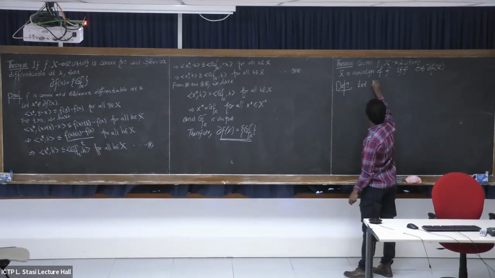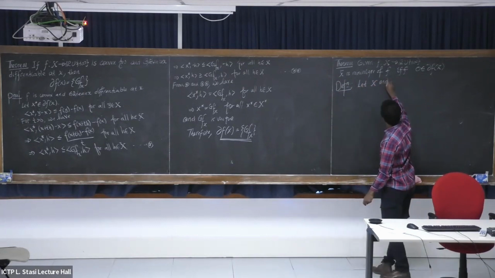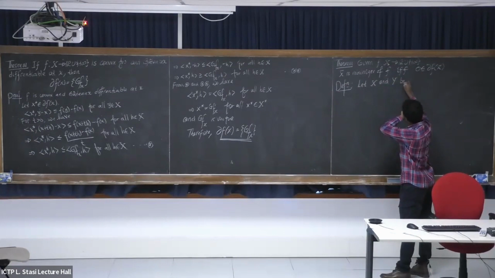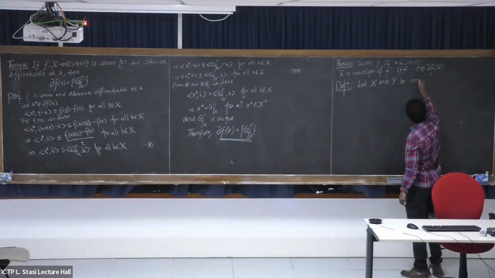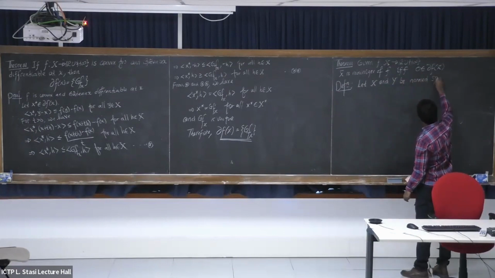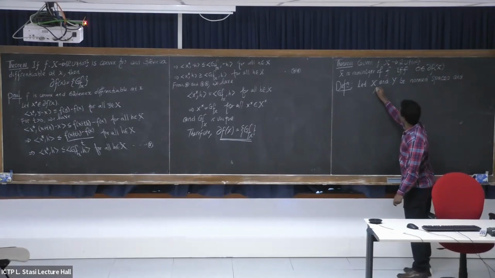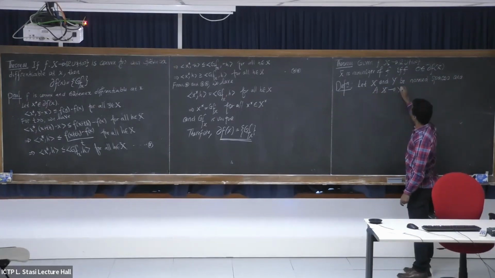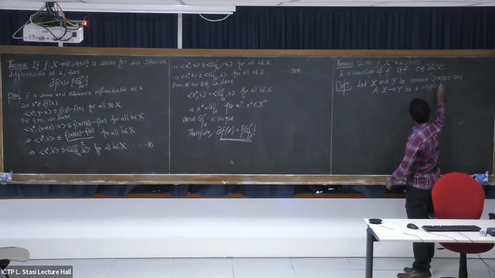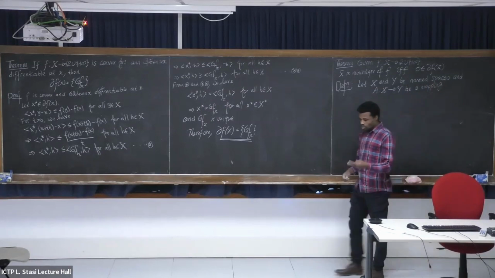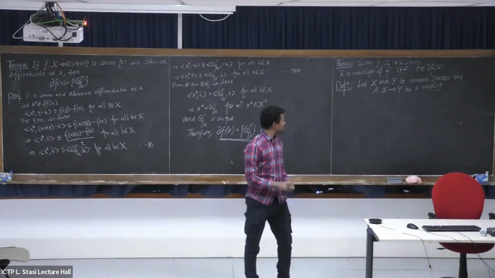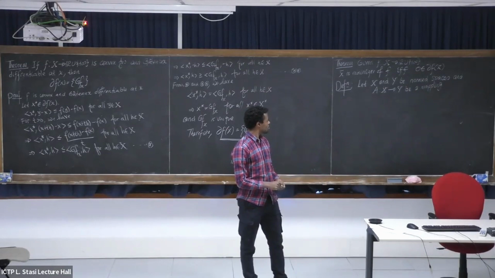Let X and Y be normed spaces, and let A be an operator, a mapping, between them. This operator A has an adjoint operator.